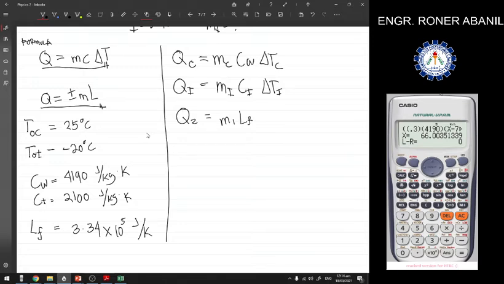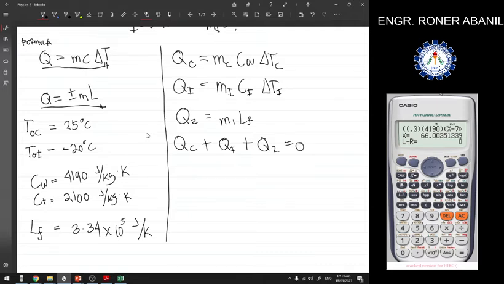So, pwede nating masabi dito na QC plus Q nung ice plus nung heat para matunaw yung yelo is equal to 0.